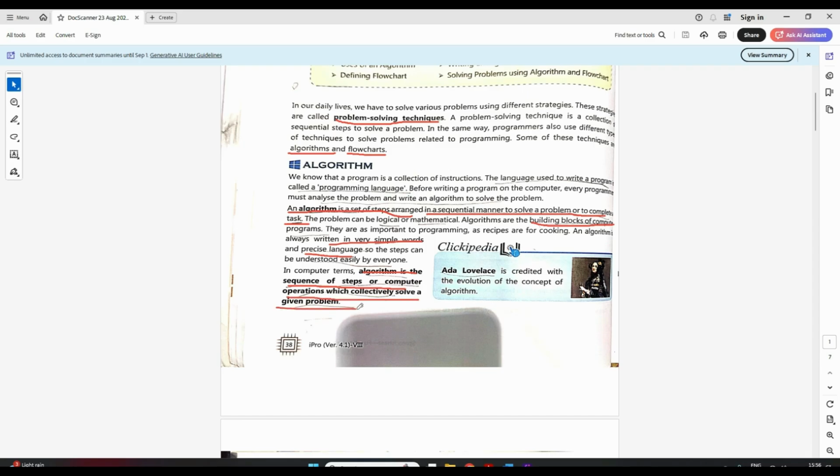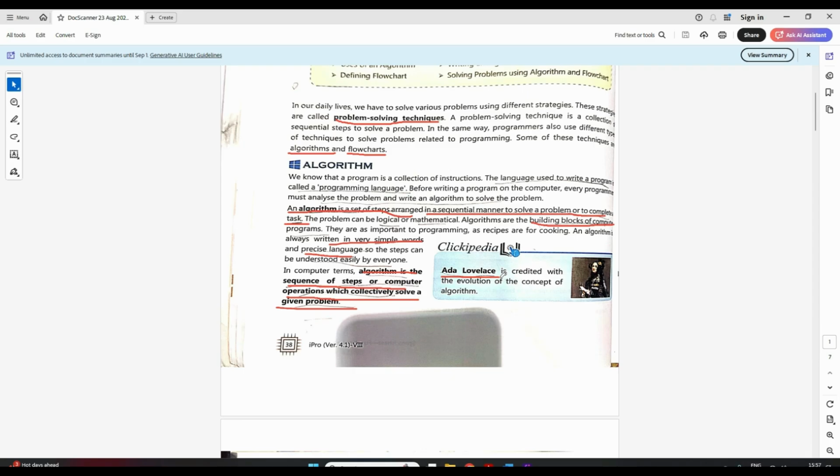Just remember it simply: it is a set of steps that we arrange in a sequential manner to solve any task or problem. Now, who was credited with the evolution of the algorithm? It is Ada Lovelace.